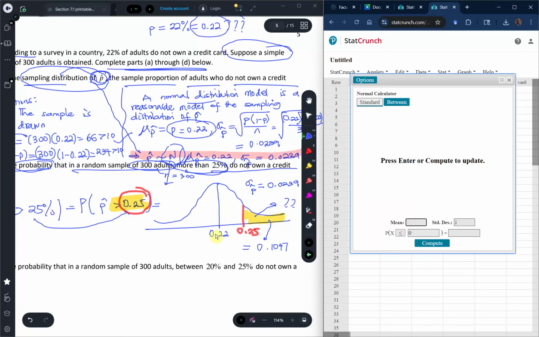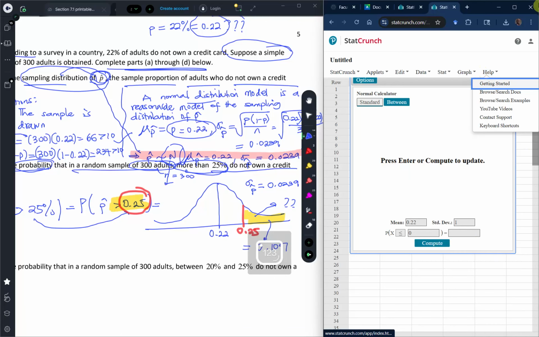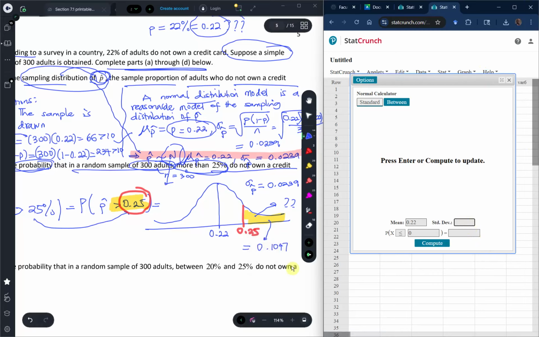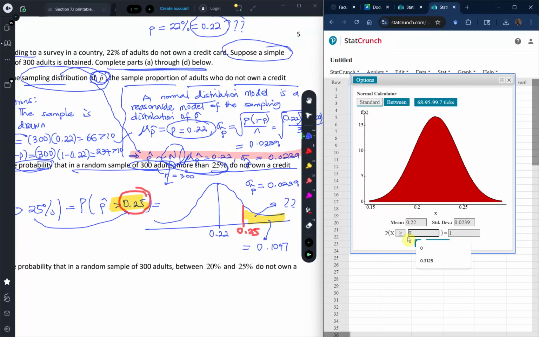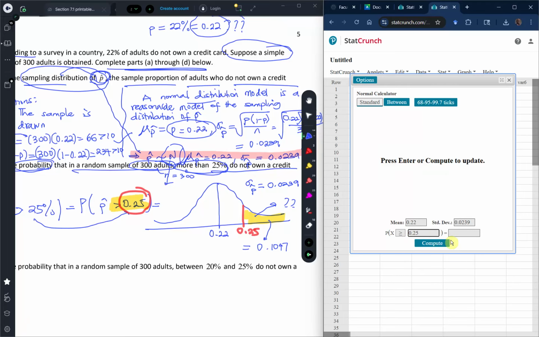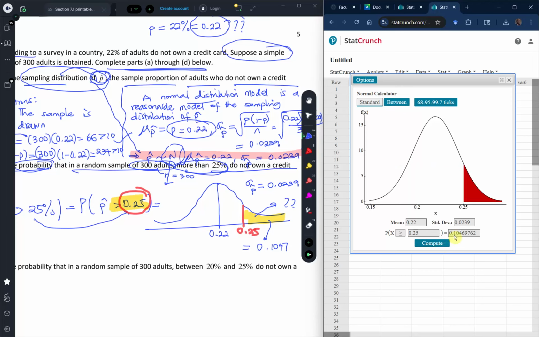The mean value here is the center value, which is 0.22. And the standard deviation or the standard error here is 0.0239. And our interest is to find the probability above 0.25. We'd like to compute that probability. That will give the size of the shaded area as 0.1047 to 4 decimal places.